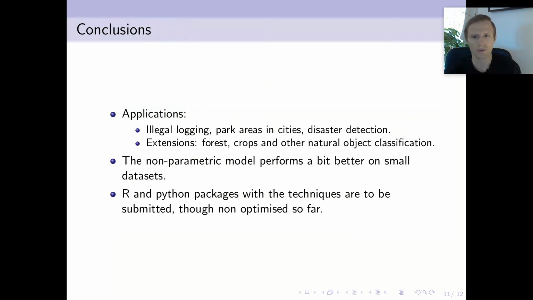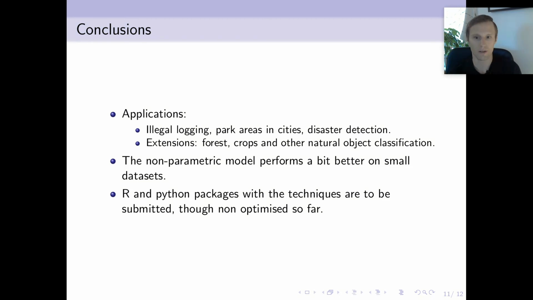To conclude, I would like to mention that there are many practical applications to these methods, and we can extend them to multi-type classifications as we used a multiple hypothesis testing procedure. Another thing is that the non-parametric model performs a bit better on small data sets, as was shown in numerical studies.